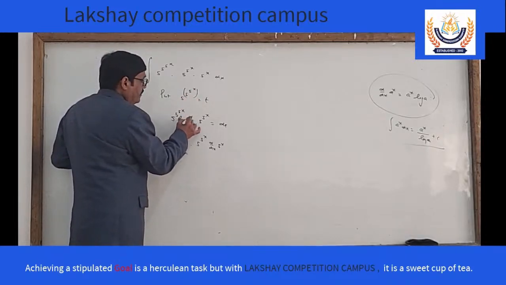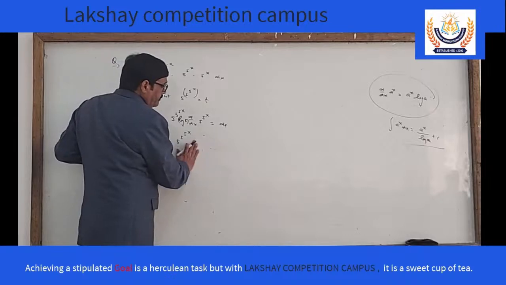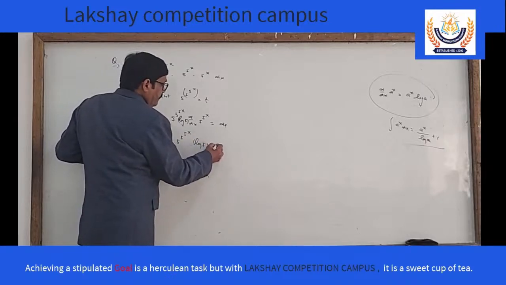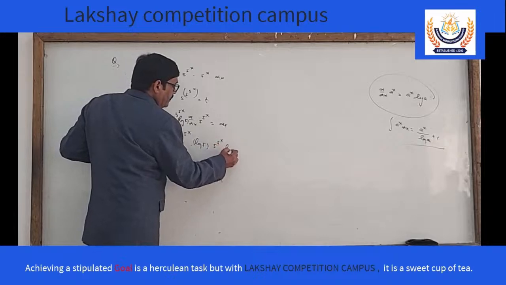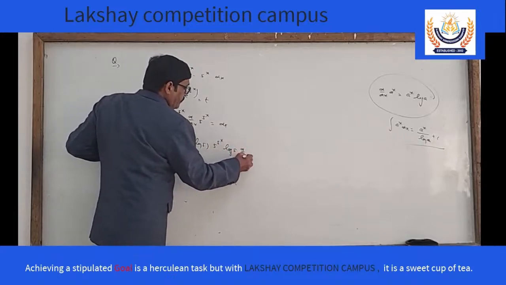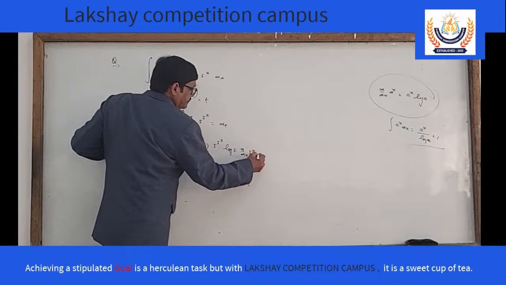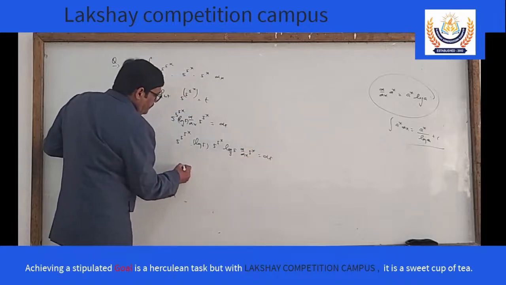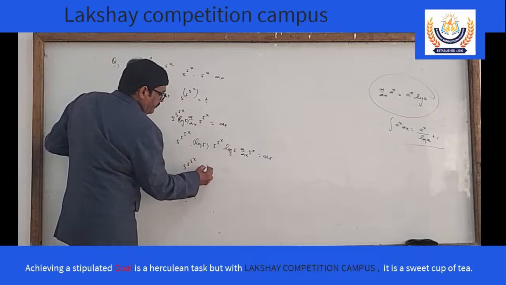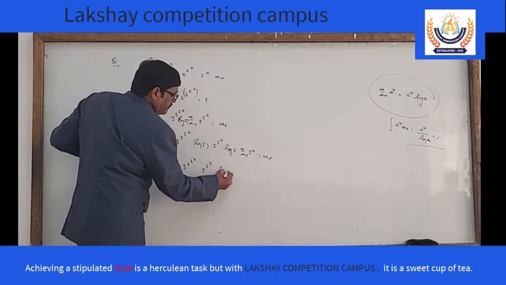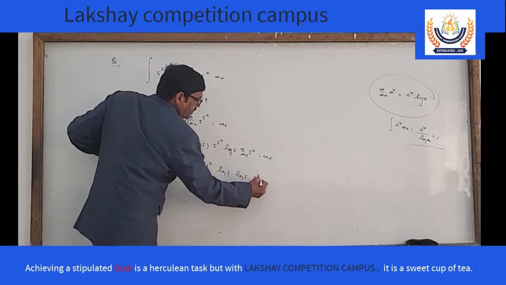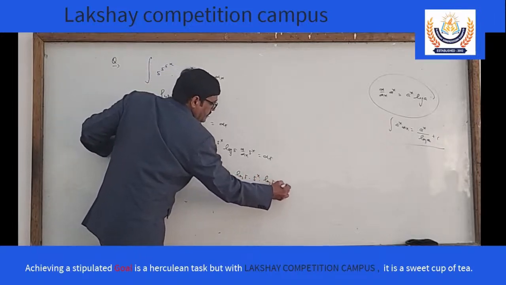Log a means log 5. And here we have log 5, 5x, again log 5. And the derivative of 5 raised to power x. So here we have 5 raised to power 5x, log 5 into log 5, again 5 raised to power x into log 5, dx dt.